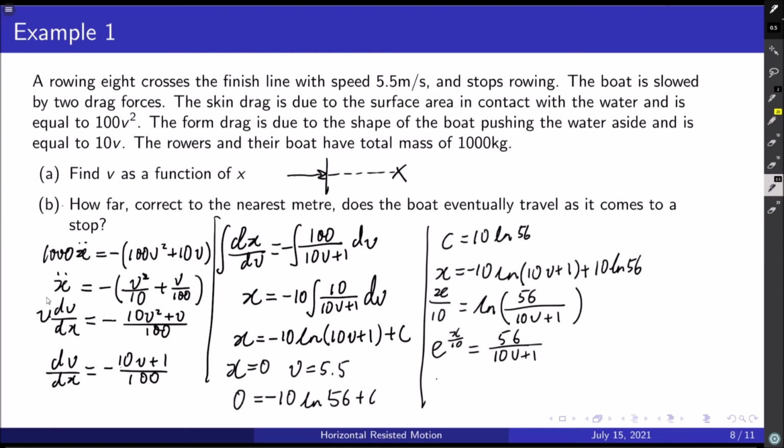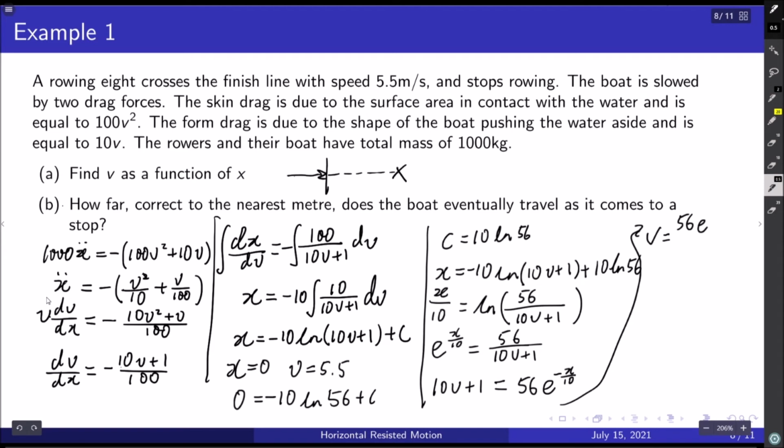And of course 10v plus 1 equals 56 divided by e to the power of x over 10, so it's 56 e to the power of negative x over 10. So in the end, if we rearrange everything, we have v equals 56 e to the negative x over 10, minus 1, all over 10.